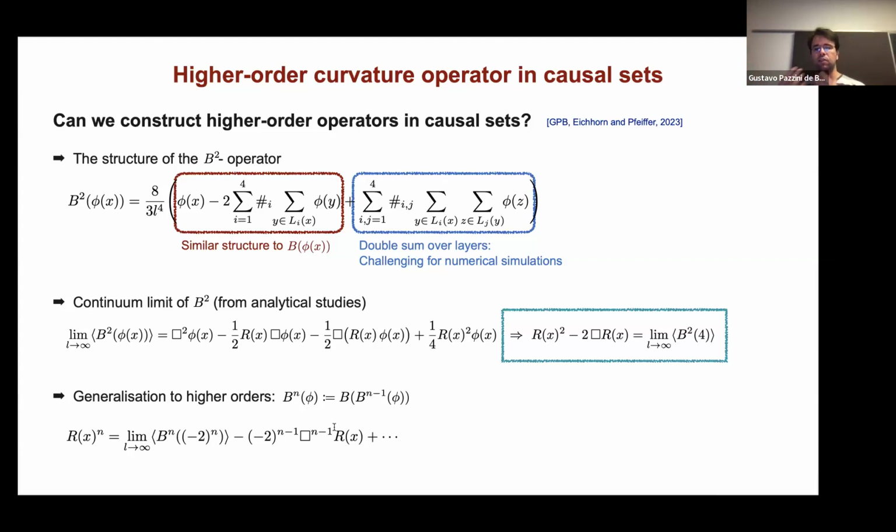So it's important to emphasize that in this construction, you cannot actually isolate R square or R to the power n, but you always have this kind of combination with other operators.